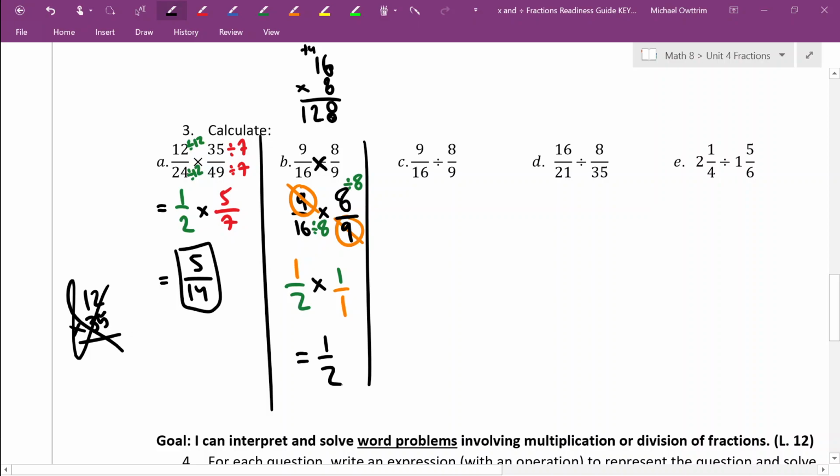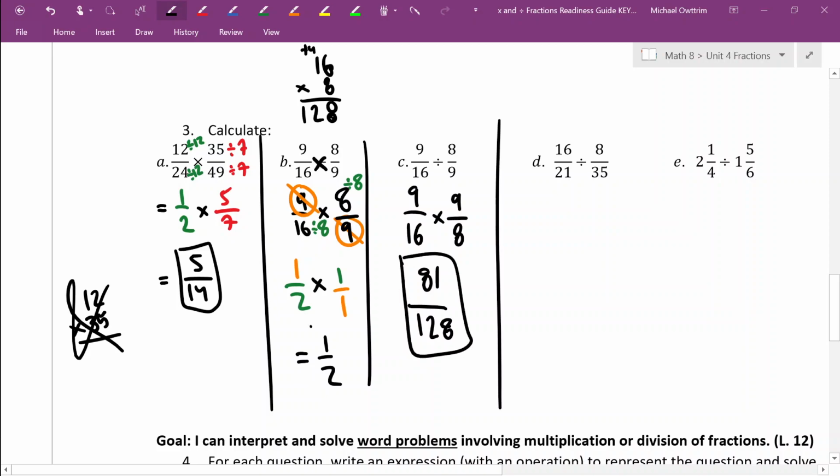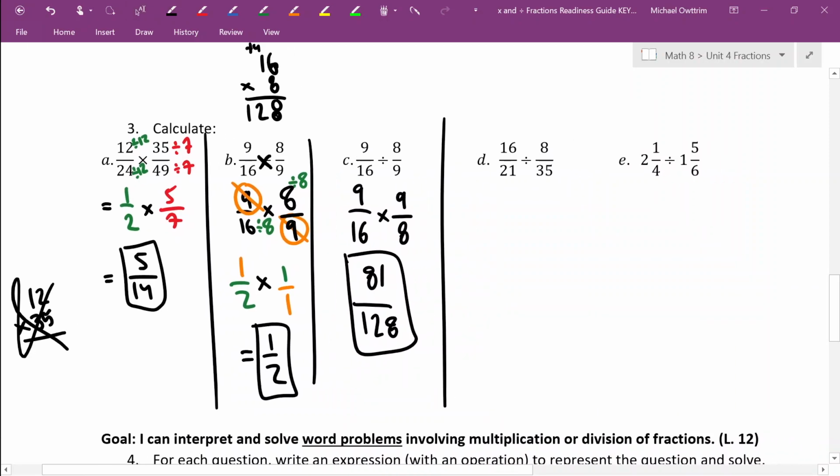Okay, multiplying by 1 doesn't change that first fraction. Now likewise, like we just did, I'll just put this in for our post-it copy. We're going to flip and multiply. And then we've got 81 on top and 128 on the bottom, which does not simplify. Box in those answers.